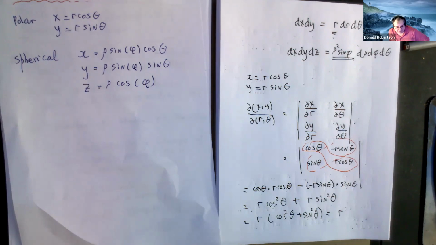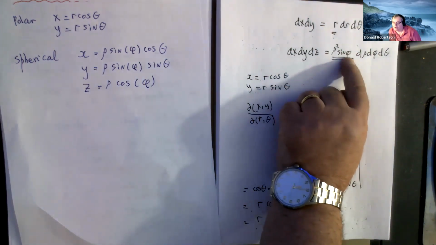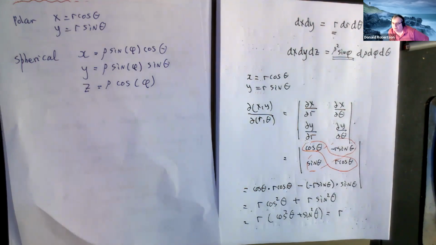Now, there's only 3 change of variables that we know about that we deal with, and that is for 2-dimensional polar, and for 3-dimensional, isn't it cylindrical and spherical? And if you do cylindrical or spherical, you'll notice that there's an extra little bit that goes here, and that little bit is essentially the Jacobian.